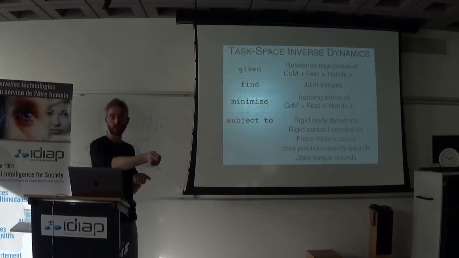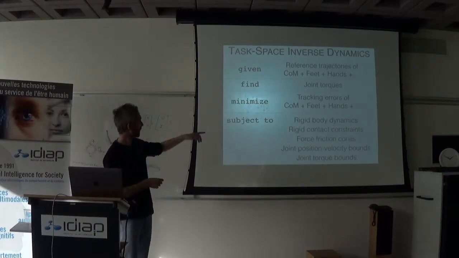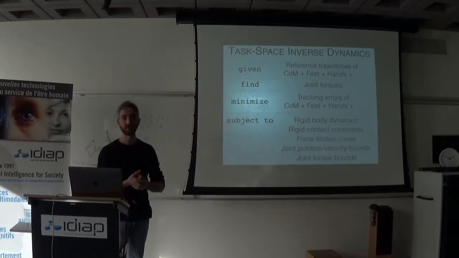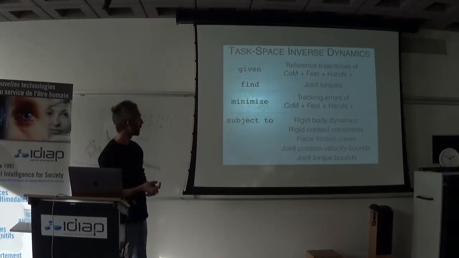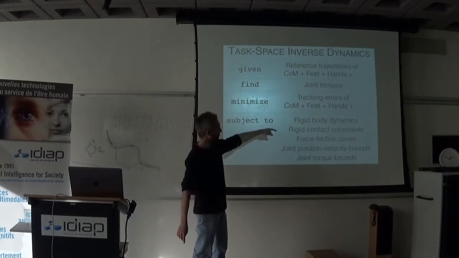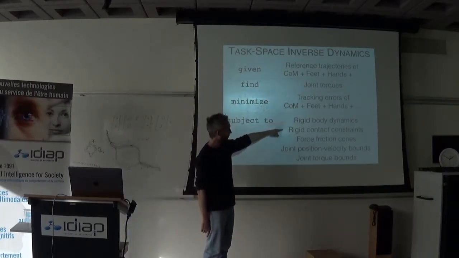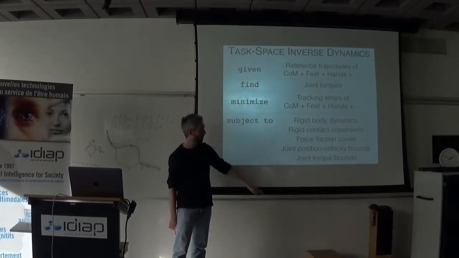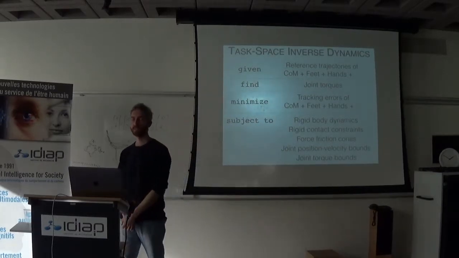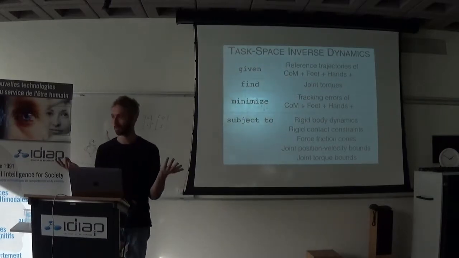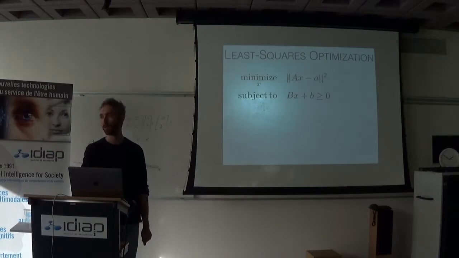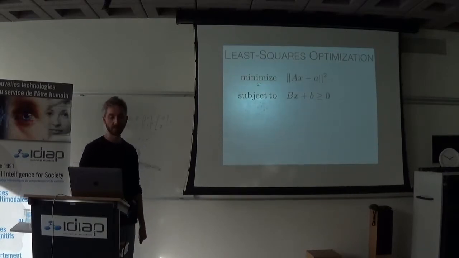You want the joint torques to send to the motors that minimize the tracking errors for all the reference trajectories, while satisfying the rigid body dynamics, the rigid contact constraints, force friction cones, joint position velocity bounds, joint torque bounds. That's TSID in simple words, which we know boils down in the end to solving a least square optimization problem. You've seen that in the morning.